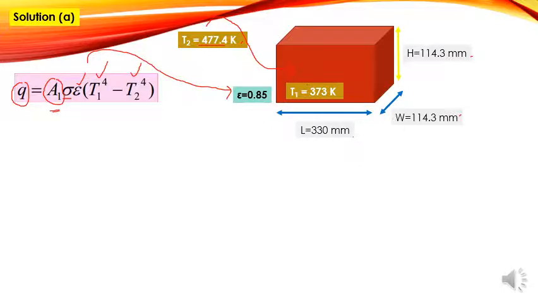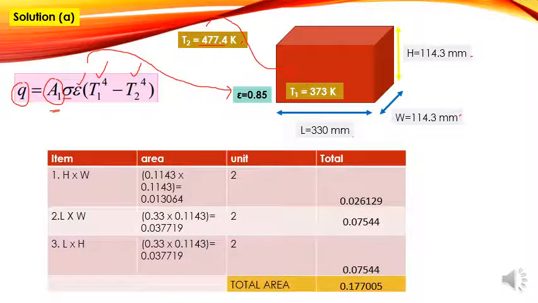So I made this table to make it easy. For example, we have the area height times width. Before that, I will label them A1, A2, and A3: surface area 1, surface area 2, and surface area 3.